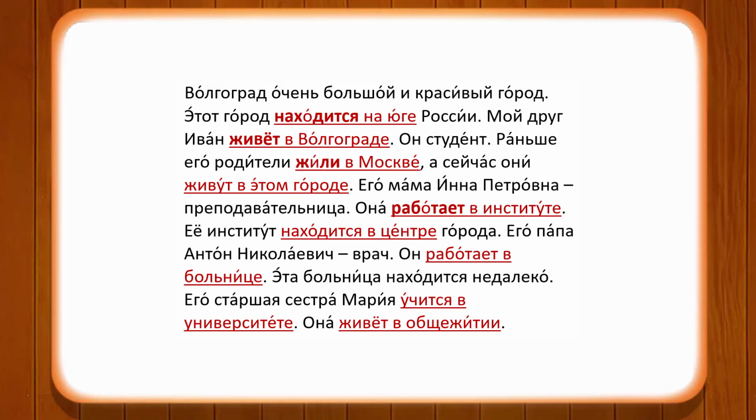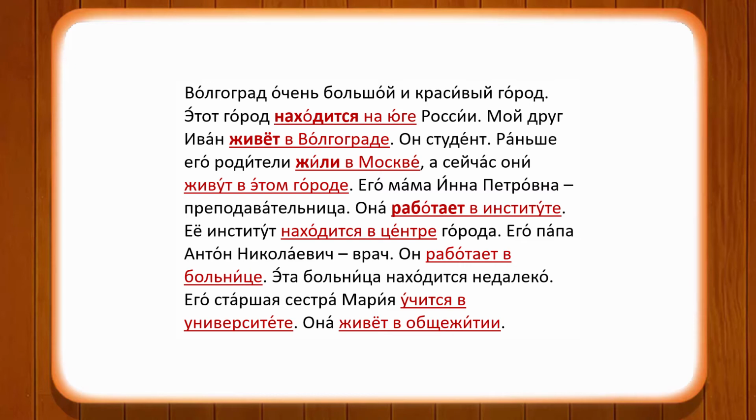Now we will go ahead to the second part of the text and pay attention to some of the important words and expressions. The second part of the text is Она работает в институте. So она means she. It is indicated for whom? For Inna Petrovna, mother of Ivan.